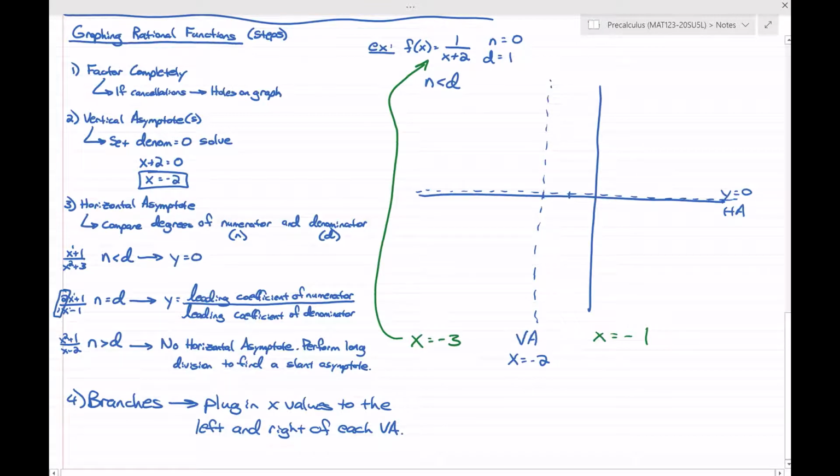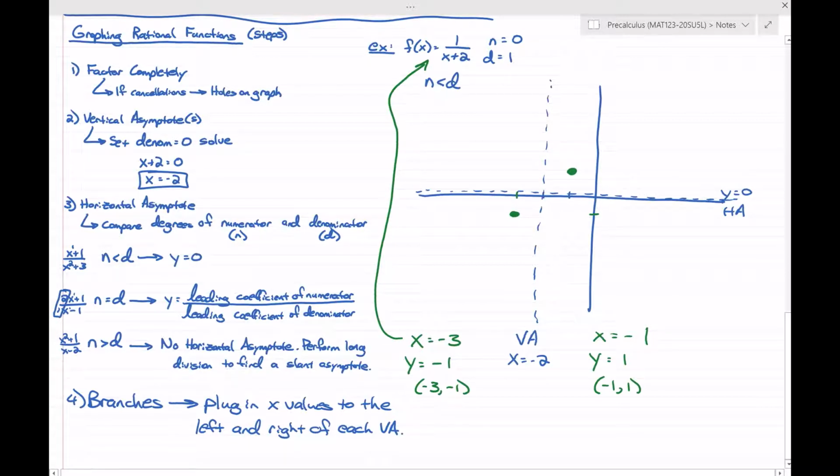When x is negative 3, the y value would be 1 over negative 1. So the point negative 3, negative 1 is on the graph. On the right side, if we plug in negative 1, we get y is equal to 1 over 1, or 1, so the point negative 1, 1.